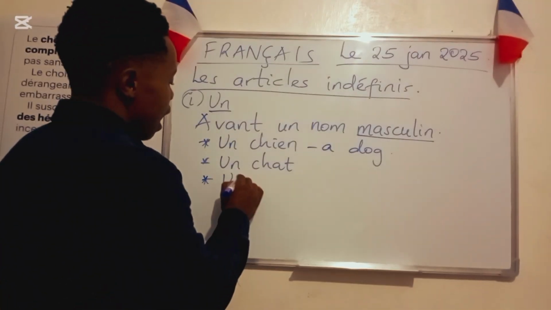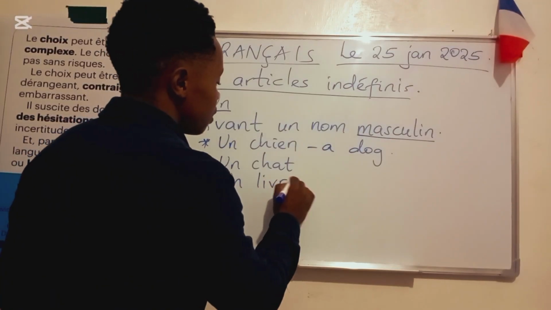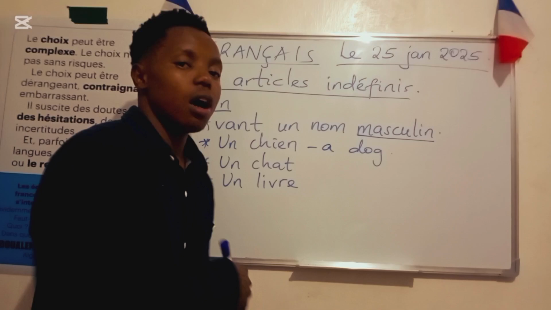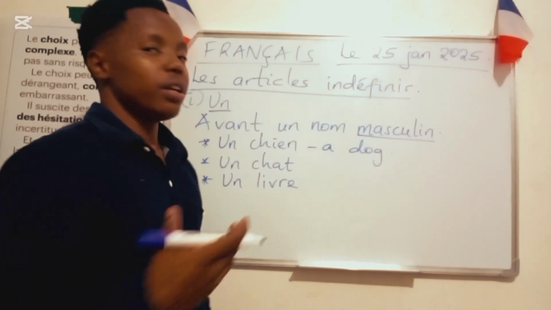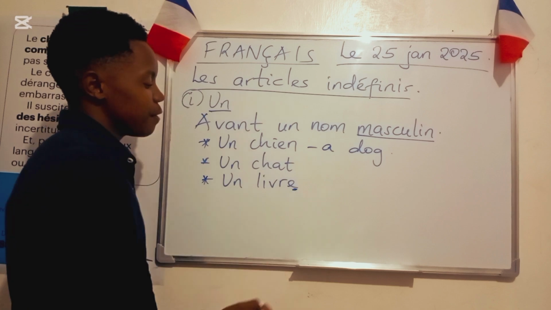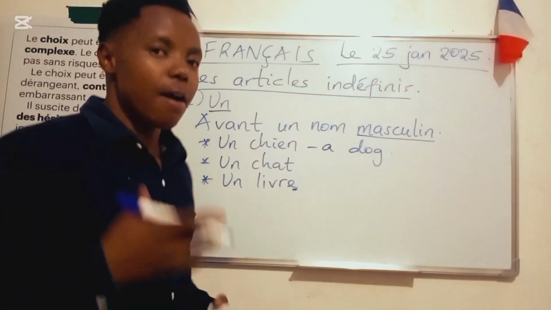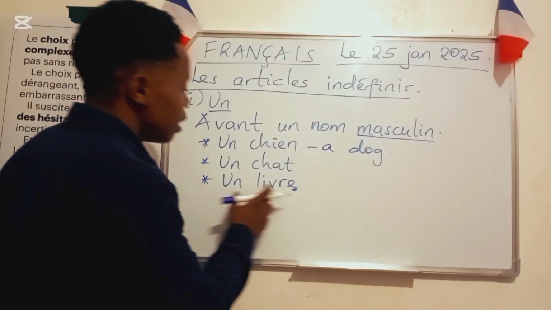Here, I will say un livre, un livre. Livre, c'est masculin, even if there is an E at the end. We still say it is masculine. So, un livre.